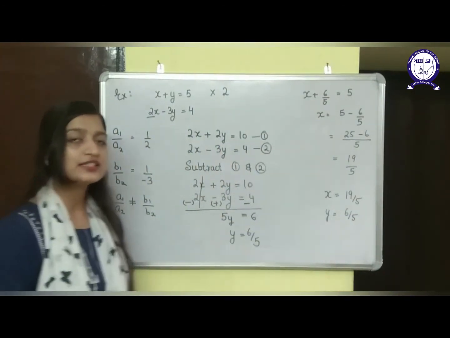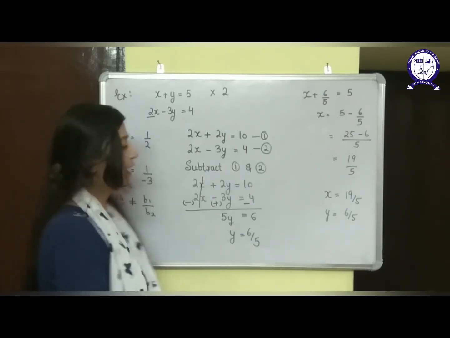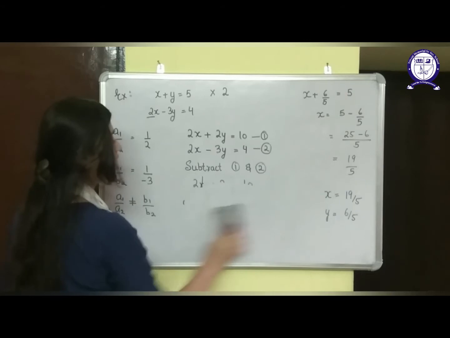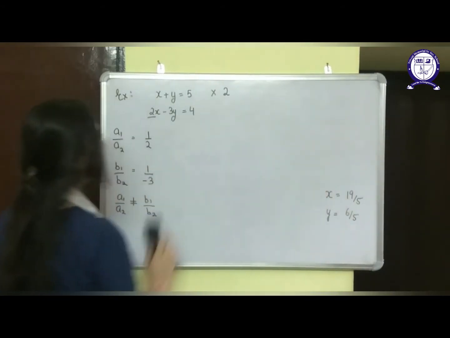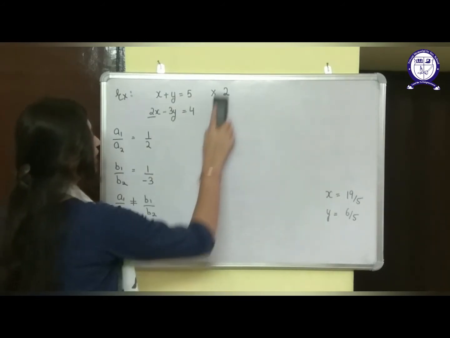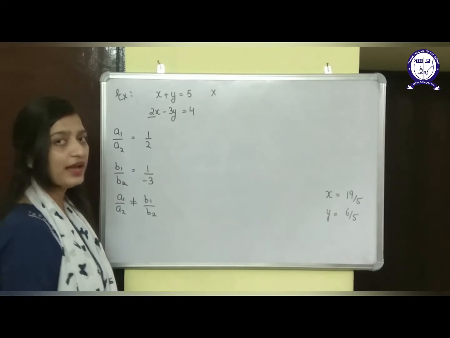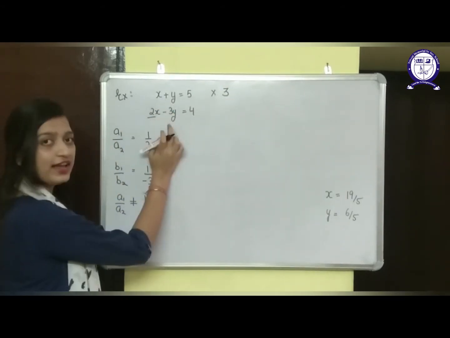Now I am doing this question again, but this time I am going to eliminate y. For eliminating y, instead of multiplying by 2, I will multiply by 3. So I will get 3y and 3y.